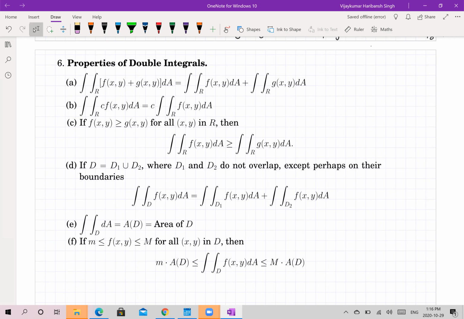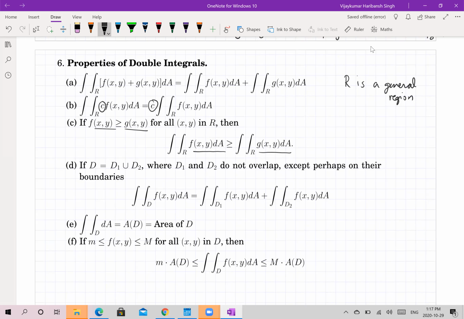Note that R need not be a rectangle, R is a general region here, or you can replace it by D. Similarly, if you have c times f of xy dA, the c can come out. Also, if f of xy is greater than or equal to g of xy, then the integral of f over region R is greater than or equal to the integral of g over region R.